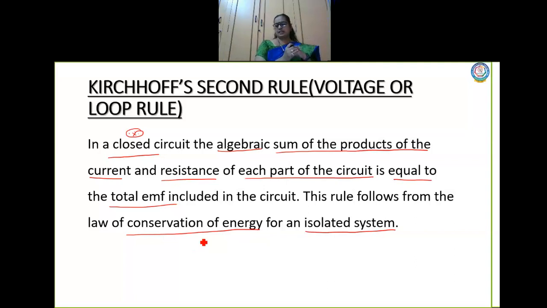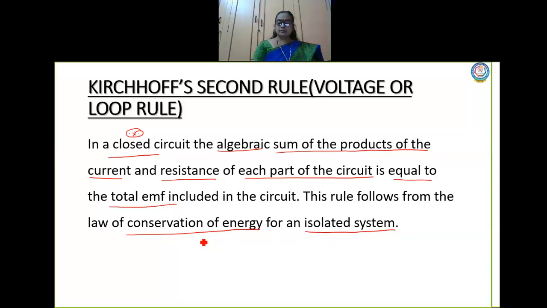That is the second law. This follows the law of conservation of energy. Again, energy is neither created nor destroyed, but it is transferred from one place to another. Here, whatever energy has been produced by the cell is transferred among the resistors. This is what we are going to prove now.